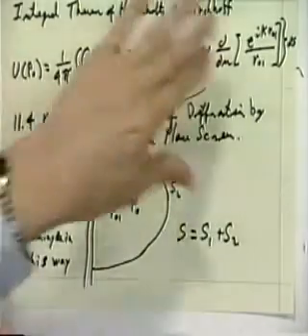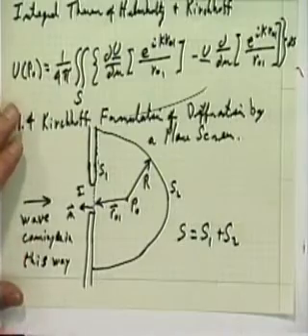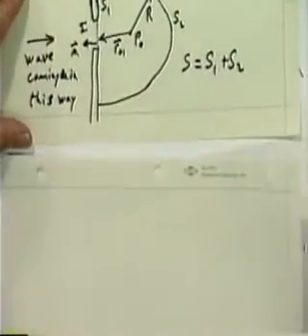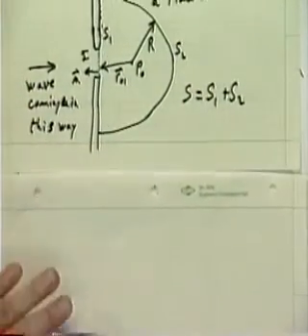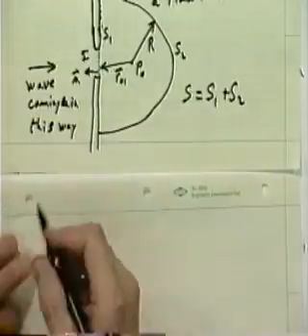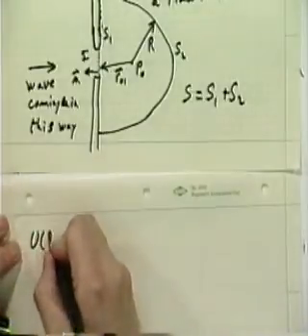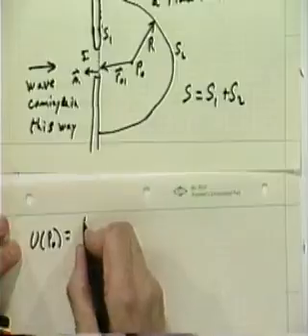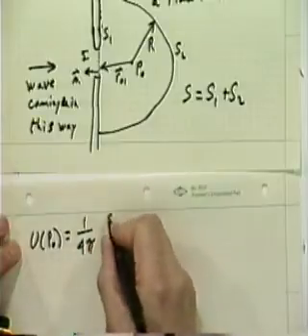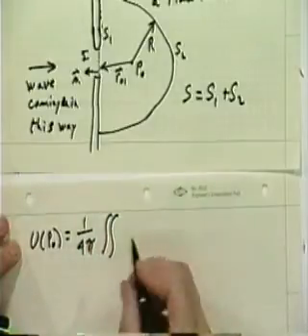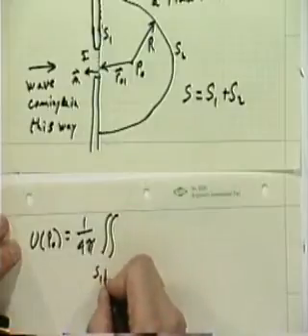So we have to solve this integral equation here. And so we have that u of P naught is 1 over 4 pi, the integral over this surface S1 plus S2.